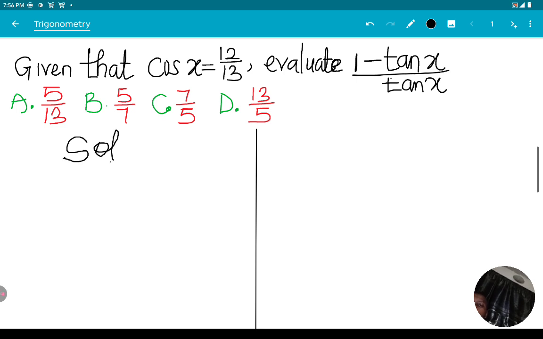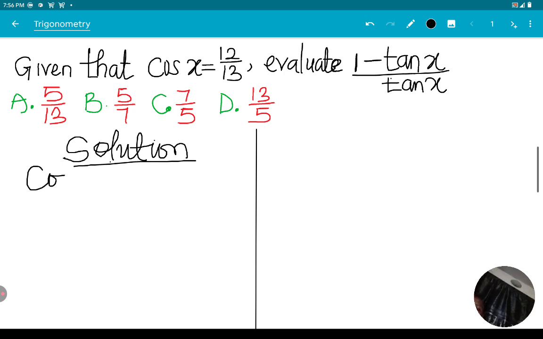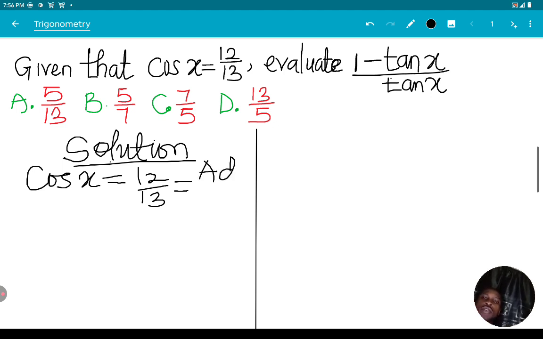We have a question on the board. Given that cos x is 12 divided by 13. All right, so what do you need to know? When we talk about the cosine of an angle, it is defined as the ratio of the adjacent side to the hypotenuse side.